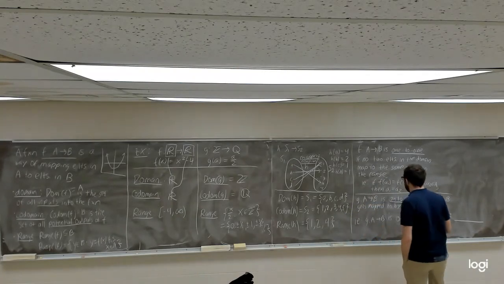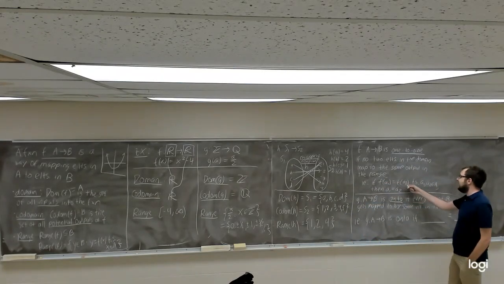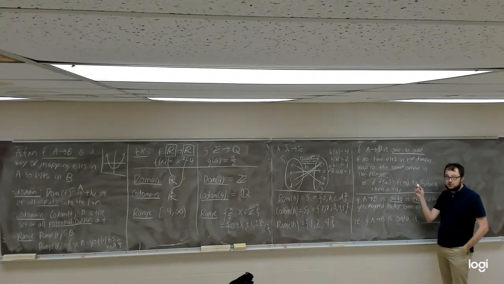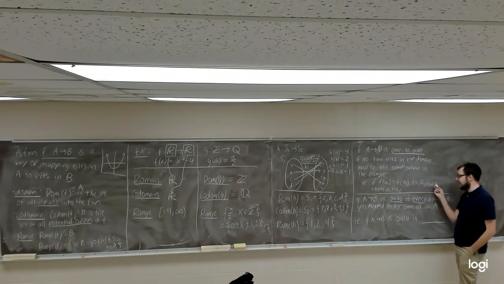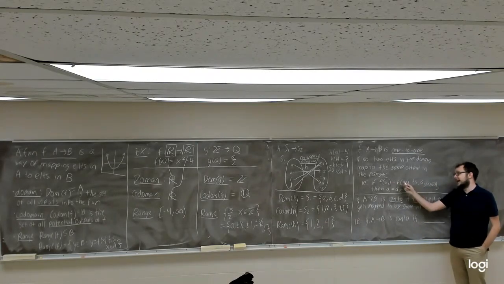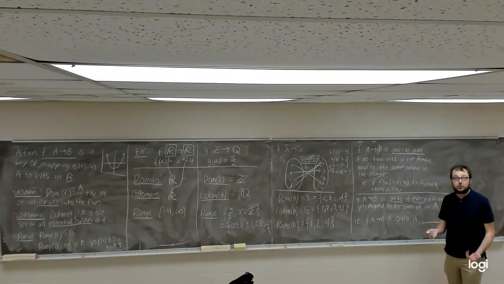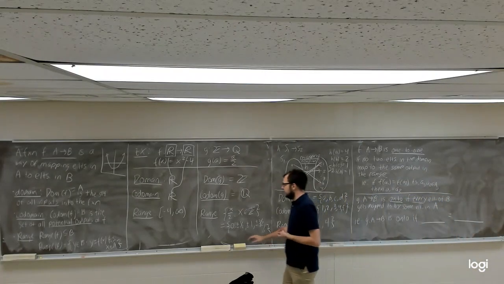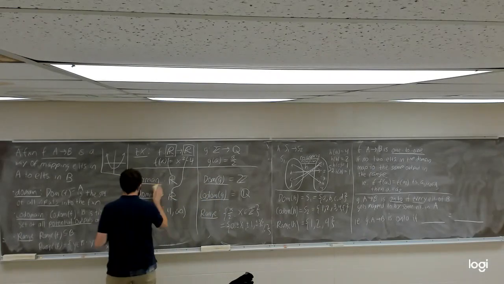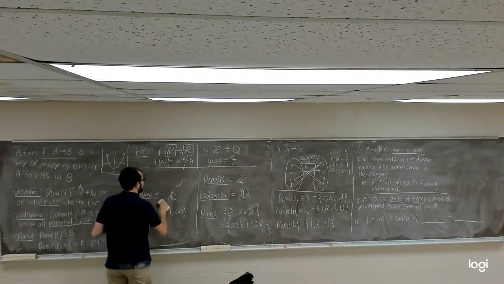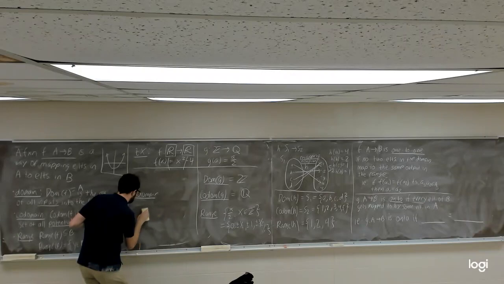Another way of saying this is that whenever you have f of A1 equals f of A2, for 2 elements in the domain, it has to be the case that A1 and A2 are equal to each other. So let's take a look at our function f here and see if we can determine whether or not this function is one-to-one.